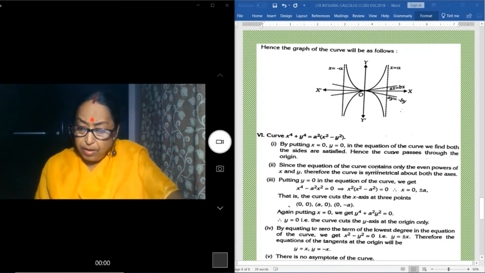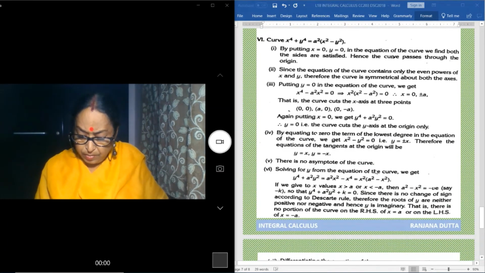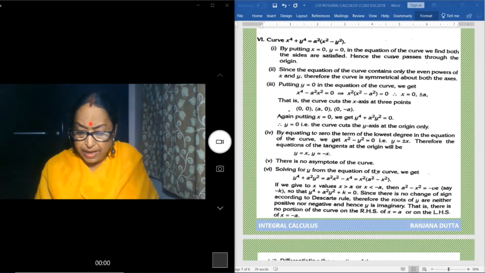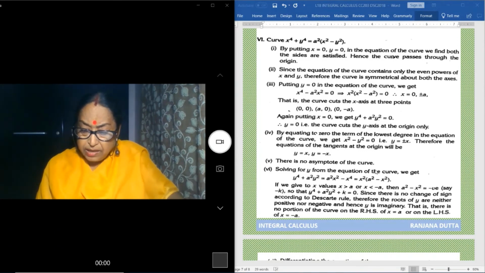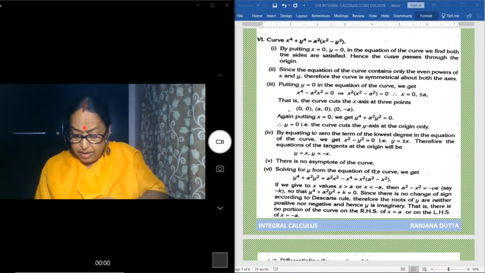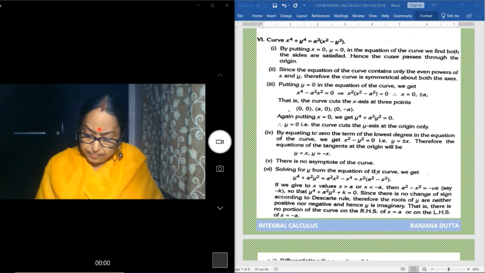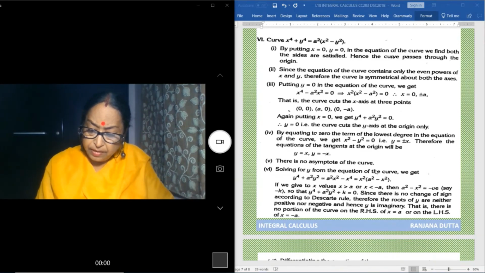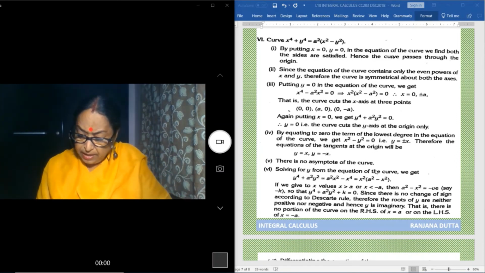Now, how to draw a curve of the form x to the power 4 plus y to the power 4 is equal to a square into x square minus y square. These are the same thing, but here is some point.